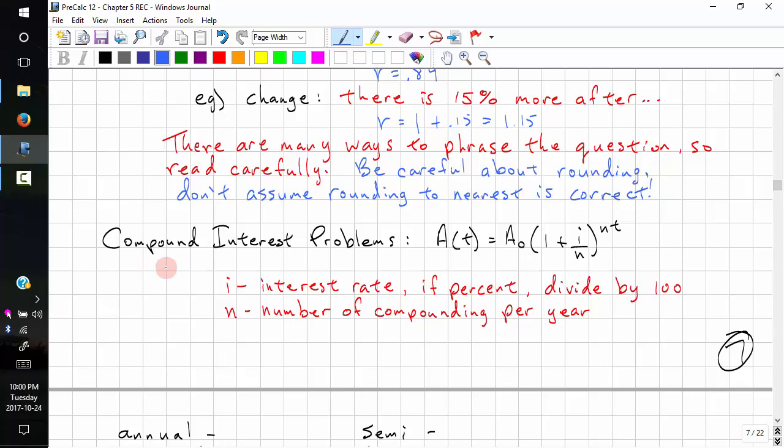For compound interest problems, we have A of t equals A naught times 1 plus i over n, all to the power of n times t.